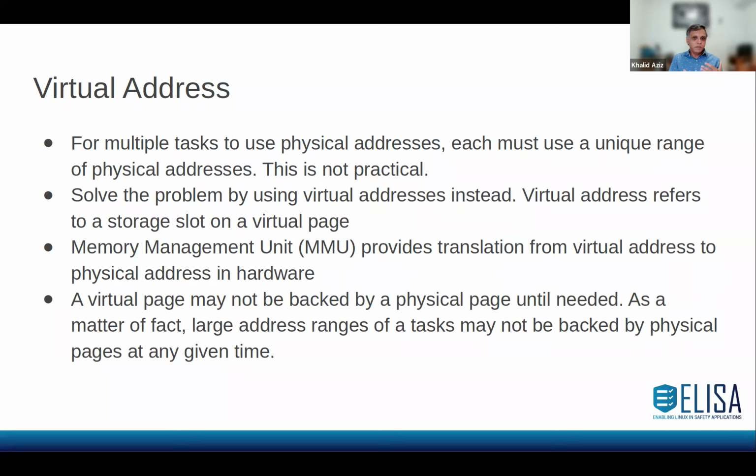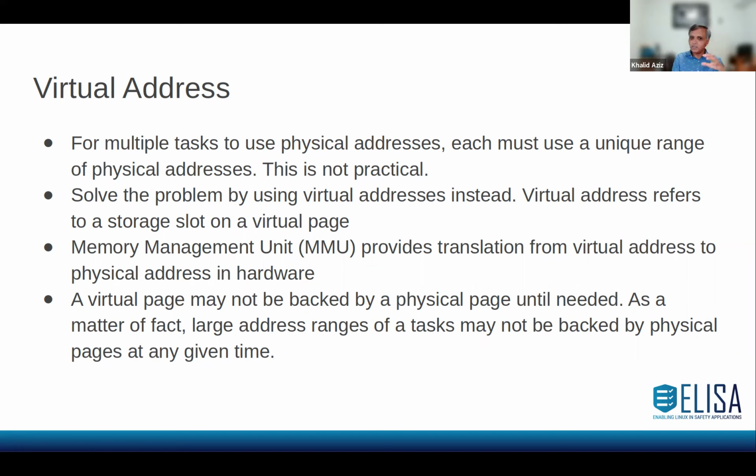So doing it this way opens up a lot of possibilities for us. So for instance, when you have a virtual address that you're going to translate to a physical address, well, until a virtual address is used, you don't really need to have a physical page behind that virtual address. So as a result, now, even though, say, the address space of a task on x86 is 3 gigabytes, we don't have to allocate the full 3 gigabytes of physical memory every time a task is launched.